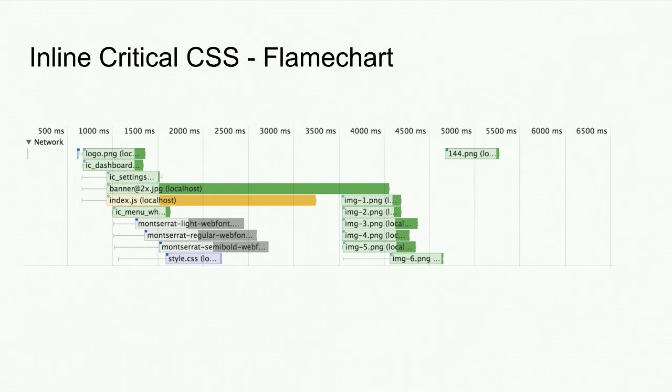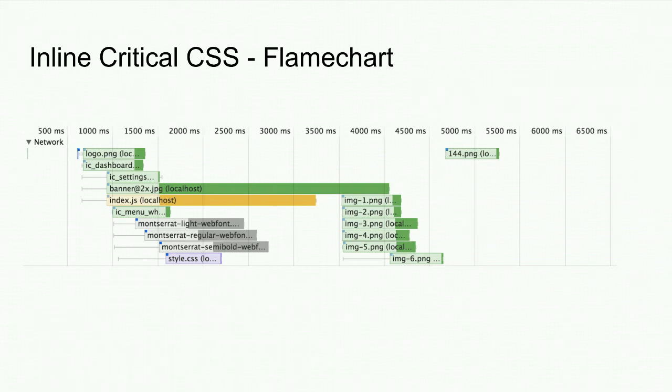If we take a look at our network section inside the performance tab on DevTools, we will see that the style.css is loaded afterwards. It is loaded after the time to first meaningful paint, and this is because of how we have set up our page, the changes which we have done.